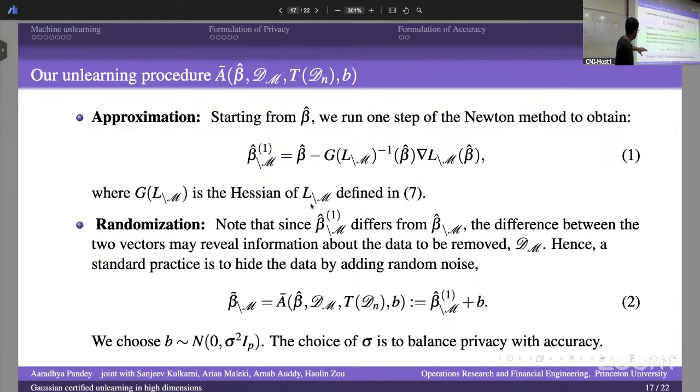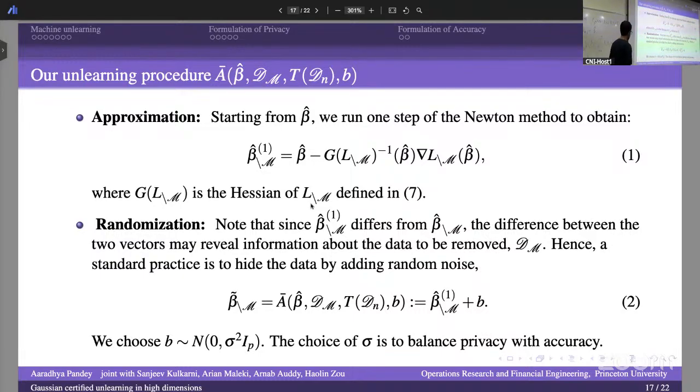Maybe before describing the procedure, here's a disclaimer: we do not really worry too much about the efficiency aspect, because we are going to use a second order method. So we should be lying low when talking about real efficiency compared to first order methods, but anyway, it's better than retraining.